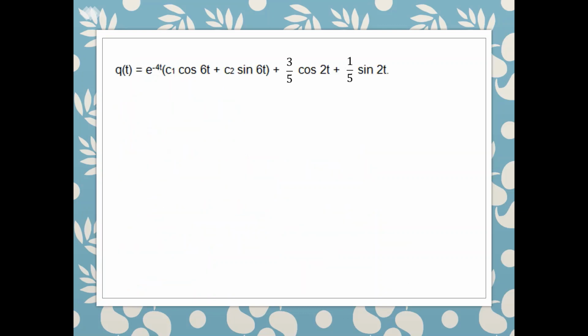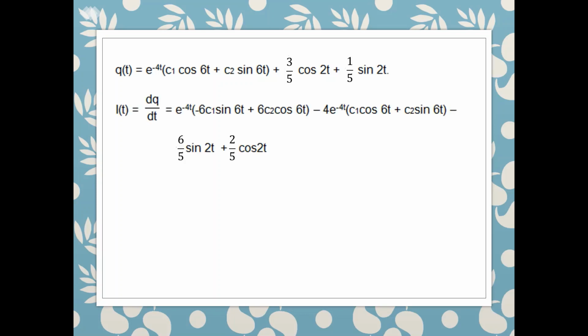Plus the two answers qc and qp, you will get the equation of q in terms of t, which is e to the power of negative 4t multiplied with c1 cos 6t plus c2 sin 6t plus 3 over 5 cos 2t plus 1 over 5 sin 2t. To find the equation of i in terms of t, you need to differentiate the answer for the q with respect to t.